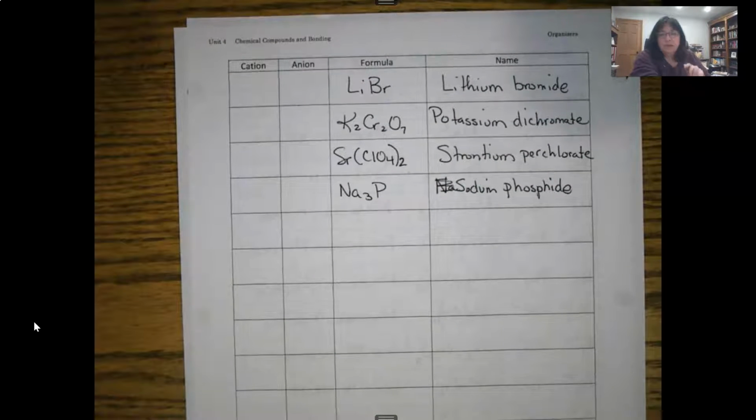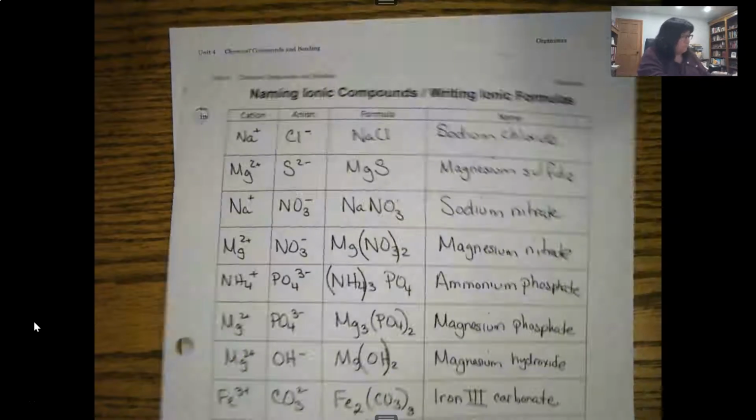Okay? Now, there's a small percentage that are a little bit challenging, and those are the ones with Roman numerals. You do have to figure out which ion you're using, so the name has to be copper 1 or copper 2, whatever, or iron 2 or iron 3. So the Roman numeral has to be in the name just like it was in the name here, right?